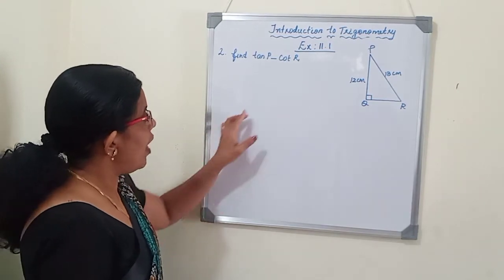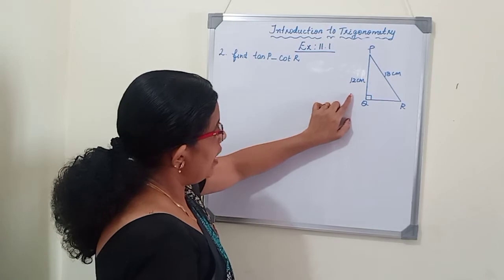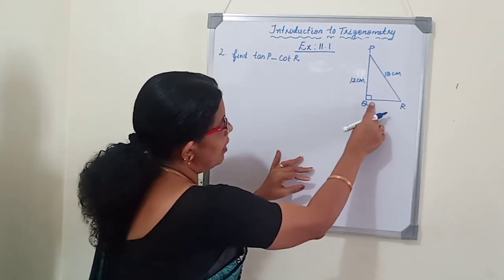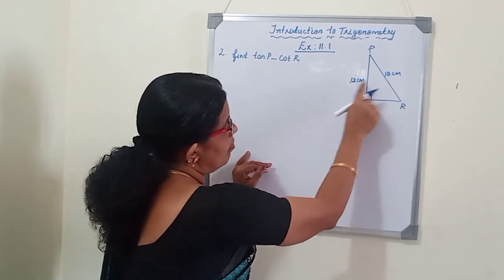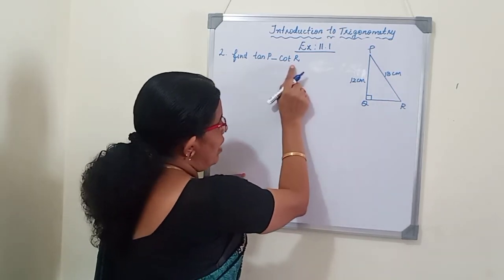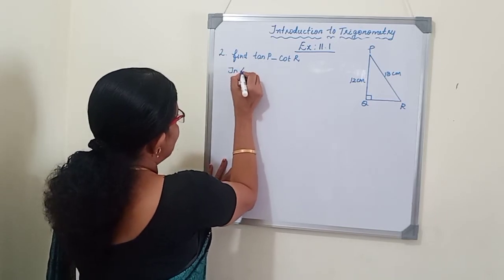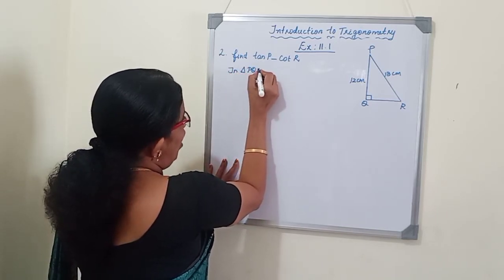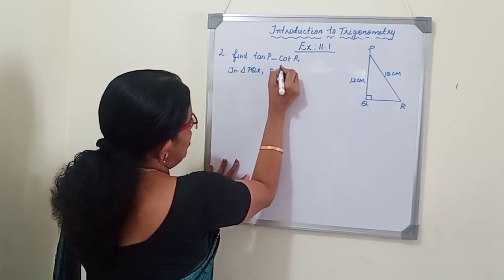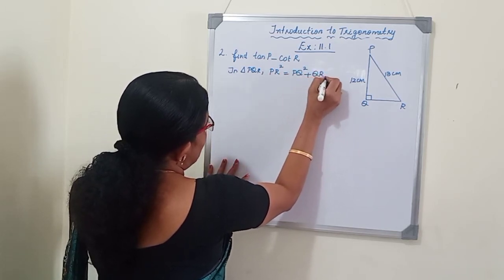Second question, find tan P minus cot R in this given diagram. In triangle PQR, angle Q is 90 degree, PQ is given, PR is given, QR we have to find out, then we will find out tan P and cot R. So, in triangle PQR, PR square is equal to PQ square plus QR square.